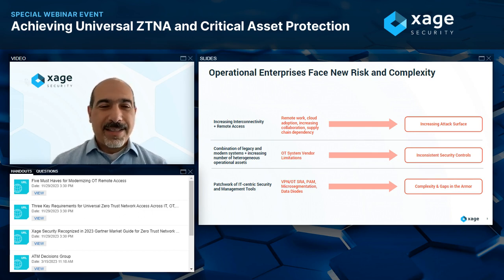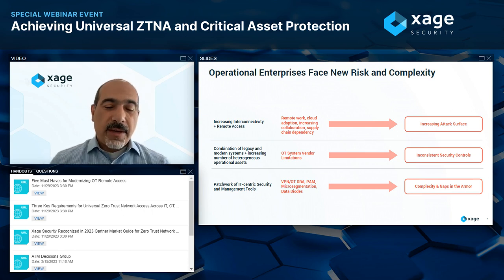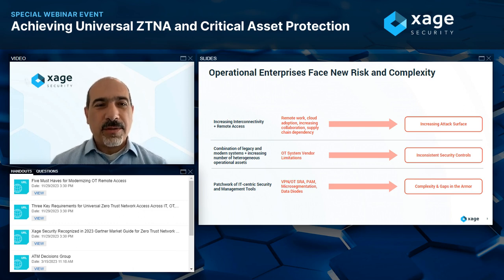So these inconsistent controls have led to a number of vulnerabilities and complexities in providing true access management. As a result, companies have relied on tools that they've known to use and deployed more of them. So more firewalls, more PAM solutions, more VPNs, and more VLANs, and things like data diodes.